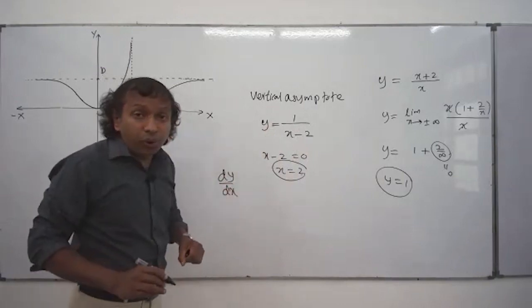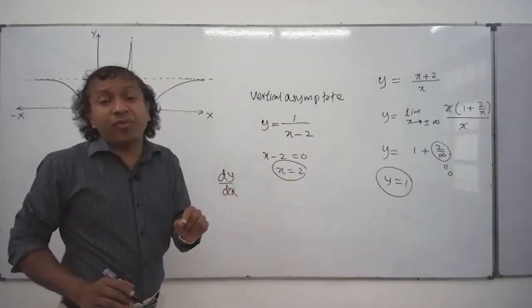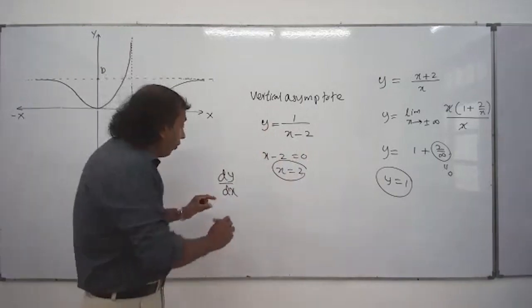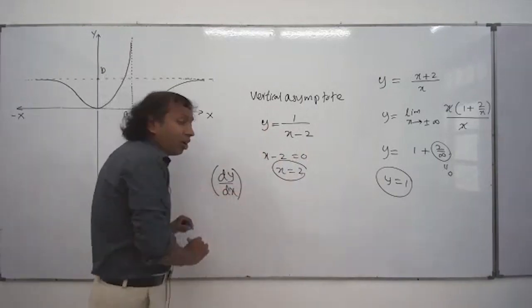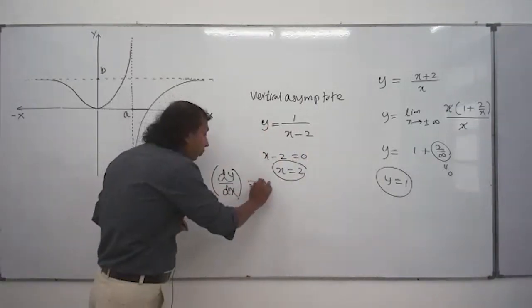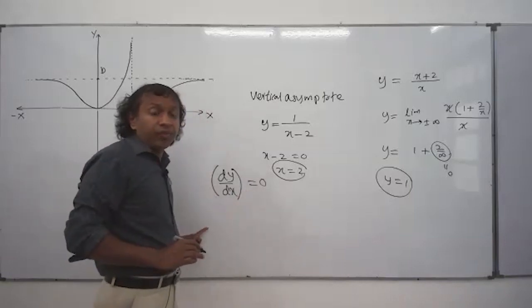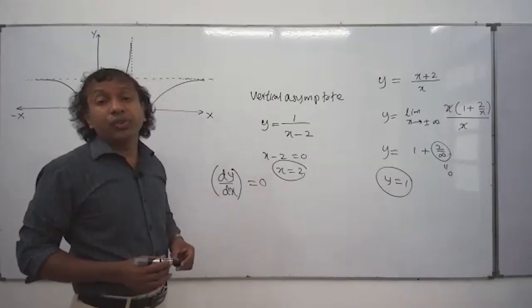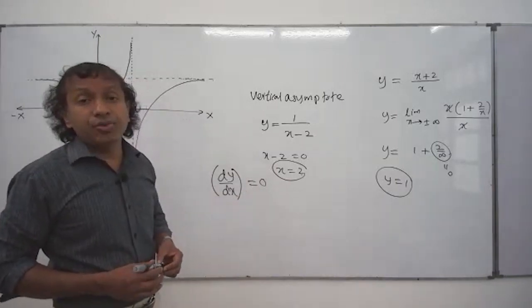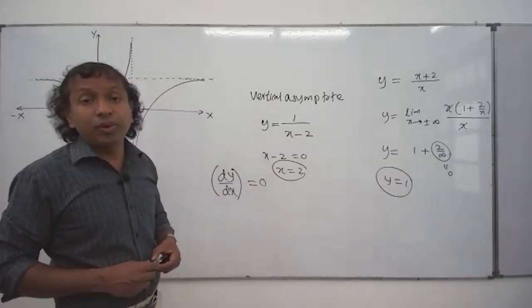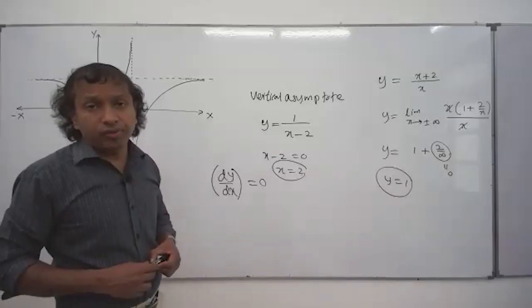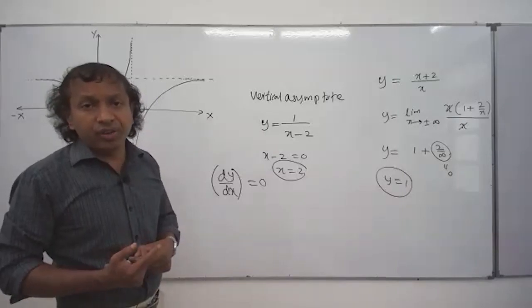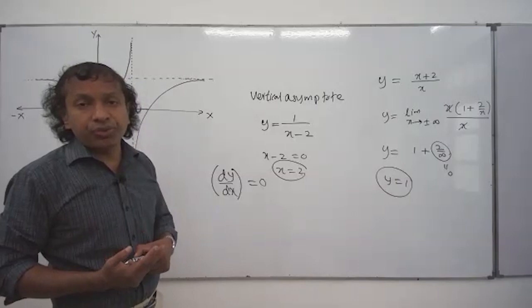And you know, at the stationary points, dy by dx equals 0. So therefore, the function we get for this dy by dx, we have to equal to 0. Then we get some x values. At those x values, there are stationary points, maximum, minimum for a graph. That also we have to consider before drawing the graph. Stationary points. How to do this now?